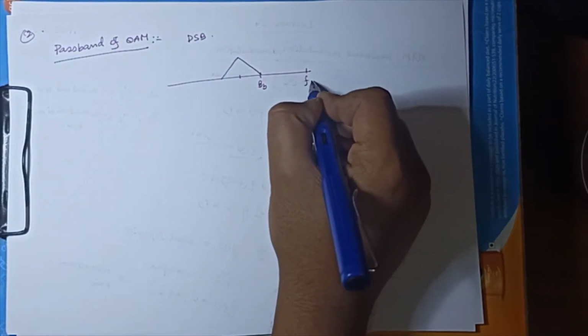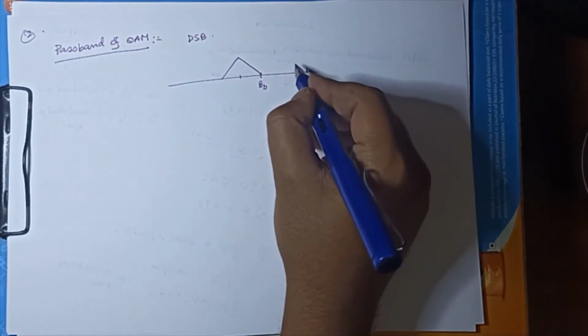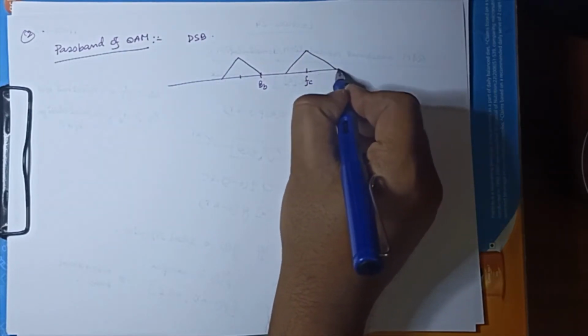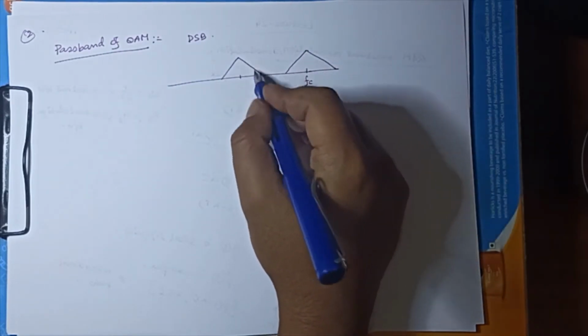So I have to ensure that when I am modulating it, there should not be any overlap between the translated form and the baseband form.